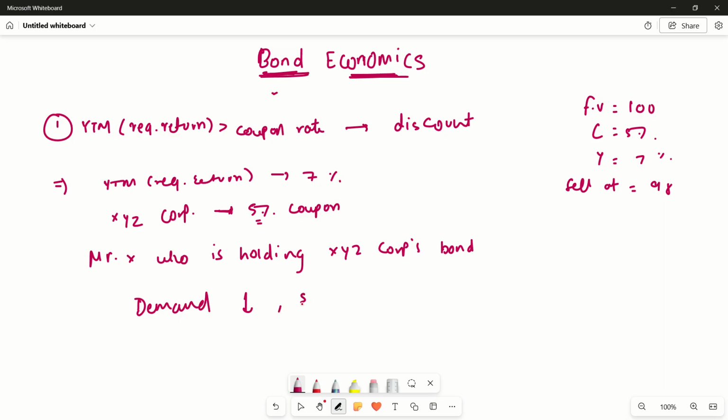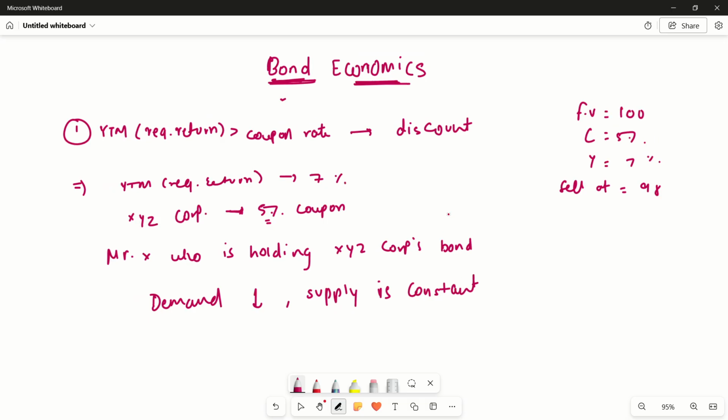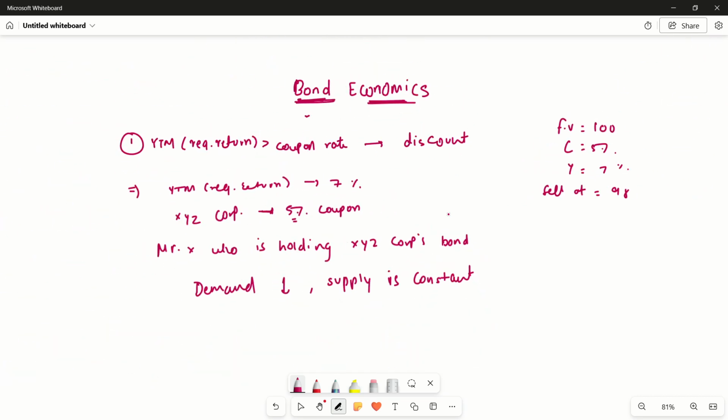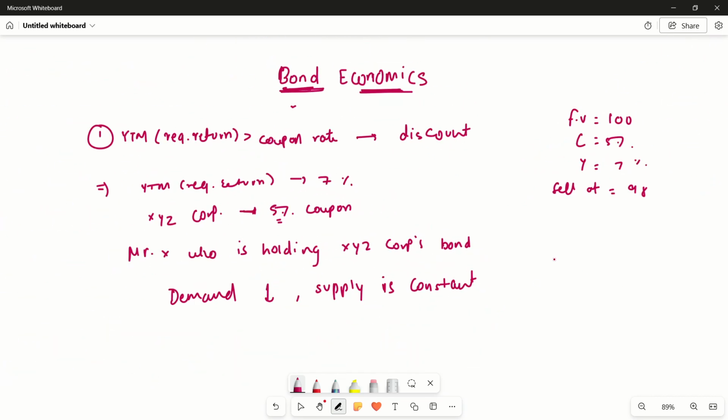And let's assume supply is constant. The number of bonds issued by XYZ Corp is not changing, but demand has fallen. So let's draw a simple diagram.